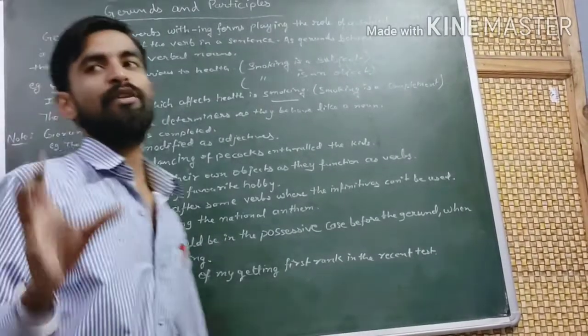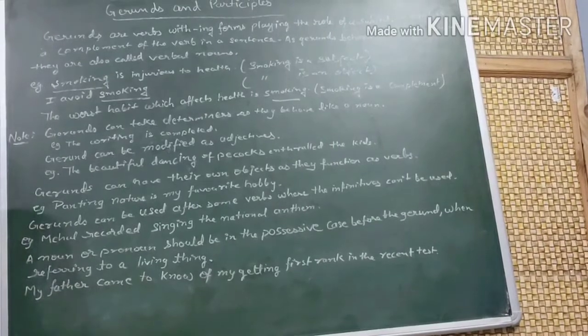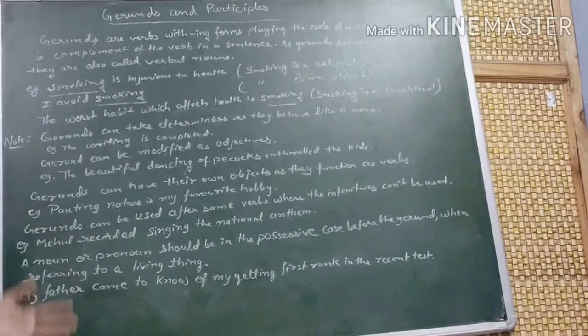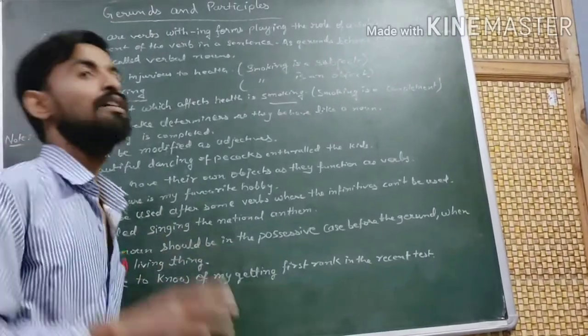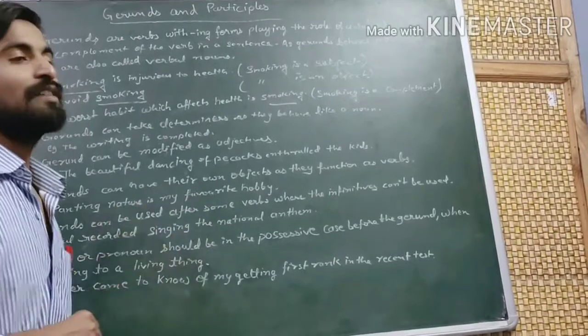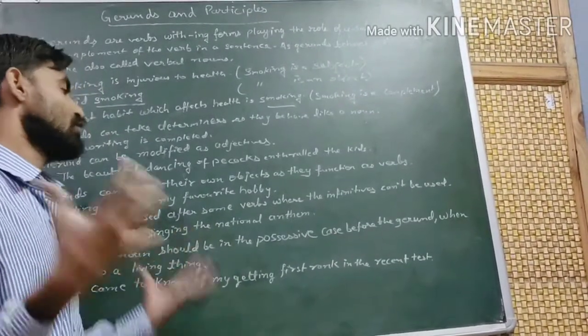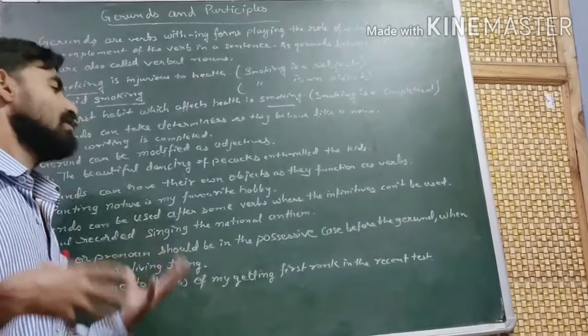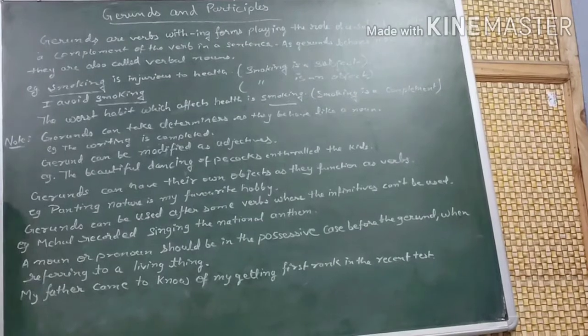Keep in mind, only if the noun or pronoun is referring to a living thing should it be in the possessive case. Possessive case shows possession. This belongs to me, mine. These are the possessive words we use in English grammar.